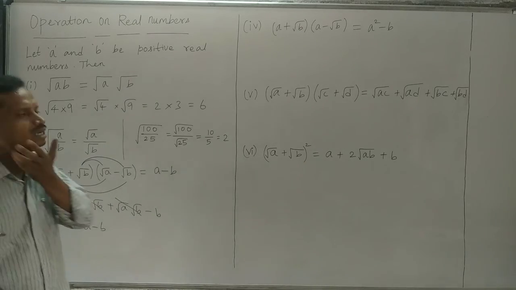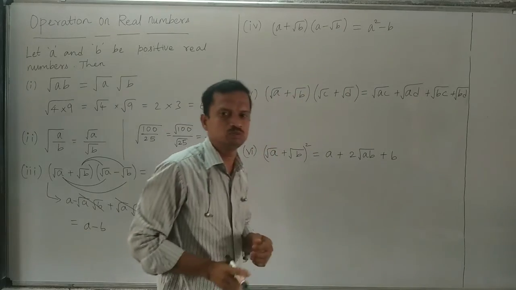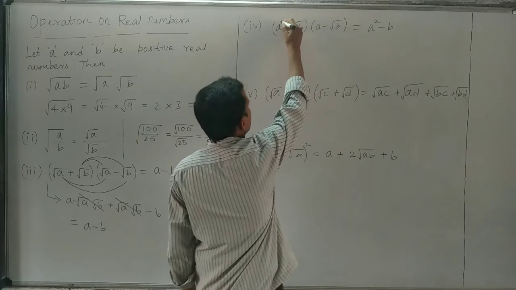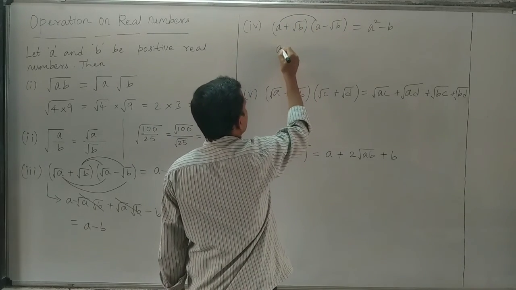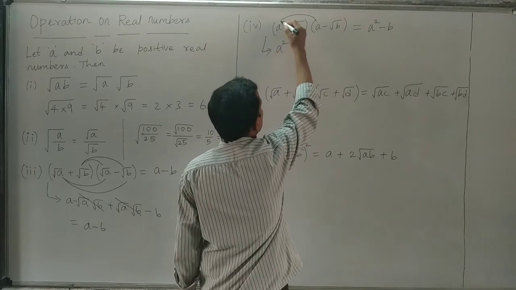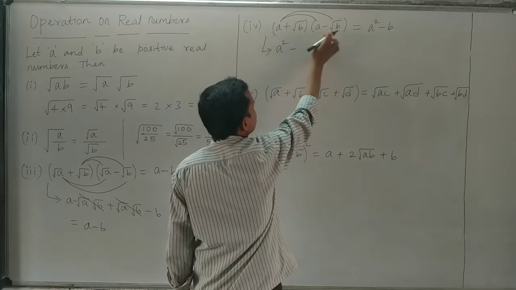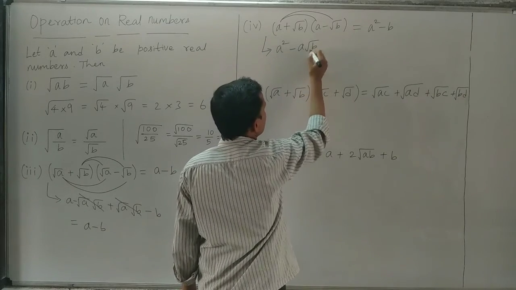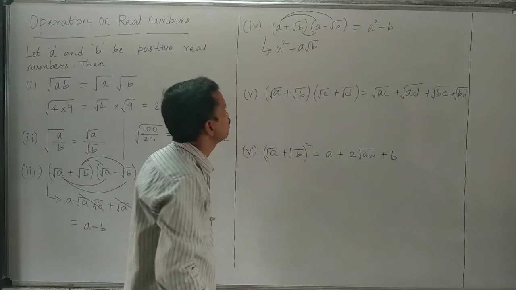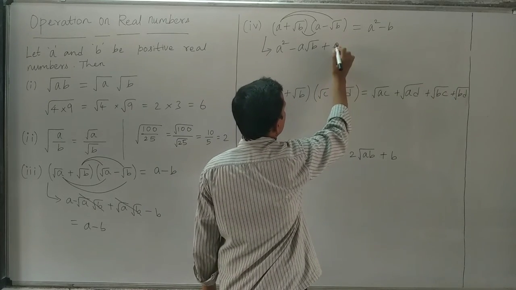That's all. And now coming to option 4. If you multiply these two, you get a square minus b. We apply the same multiplication. You see, a into a, we get a square, and a into minus root b, we have plus into minus, minus a into root b, and then root b into a, so we get plus a root b.